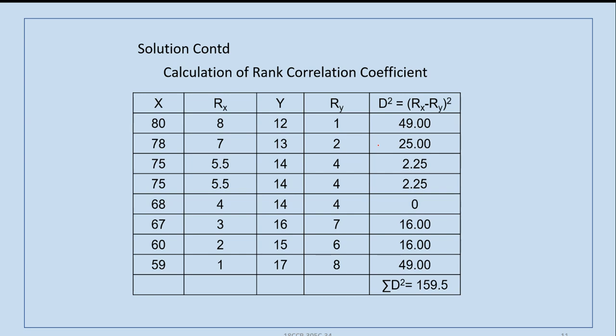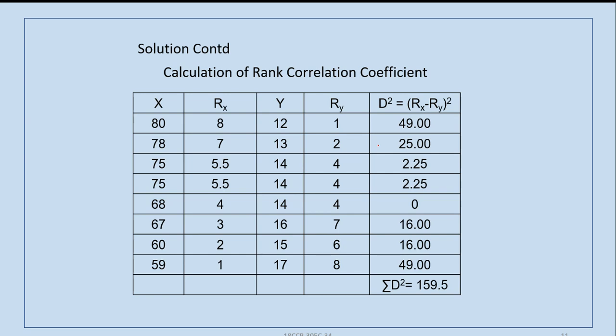Next, for the Y series also, as I explained, the lowest is 12, so 1 is given to 12. Next, 2 is given to 13. The third, fourth and fifth places are repeated, so 3 plus 4 plus 5 is 12, and 12 by 3 is 4.